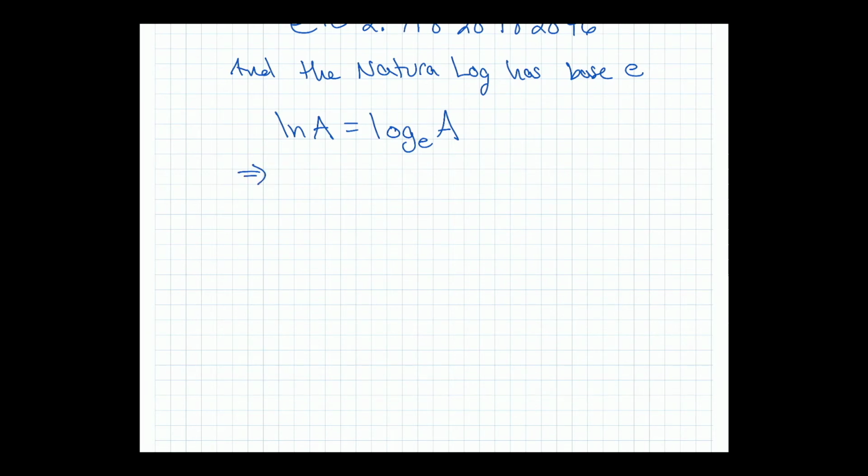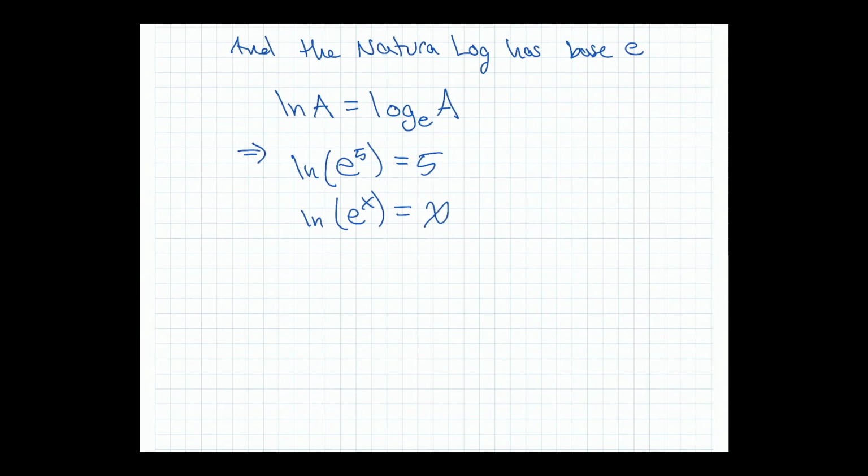You can just say, so like if you wanted to evaluate ln of e to the 5, what would that be? It'd be 5. What would ln e to the x be? That would just be x. If you have e to the ln 3, what's that? 3.